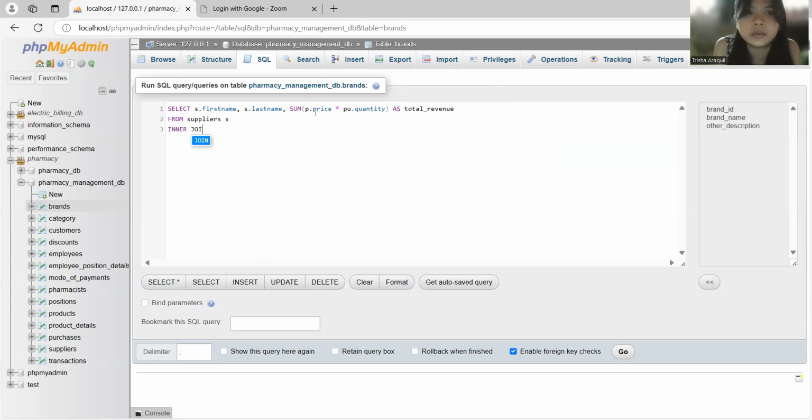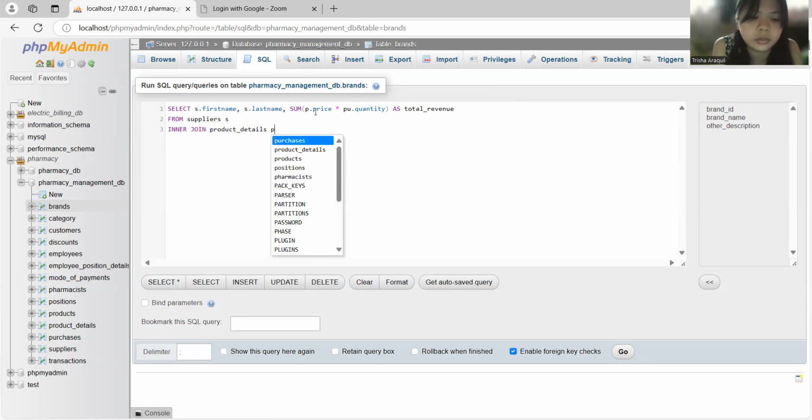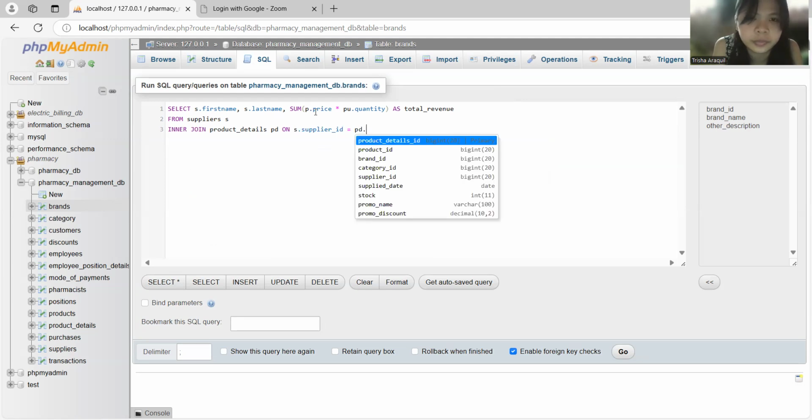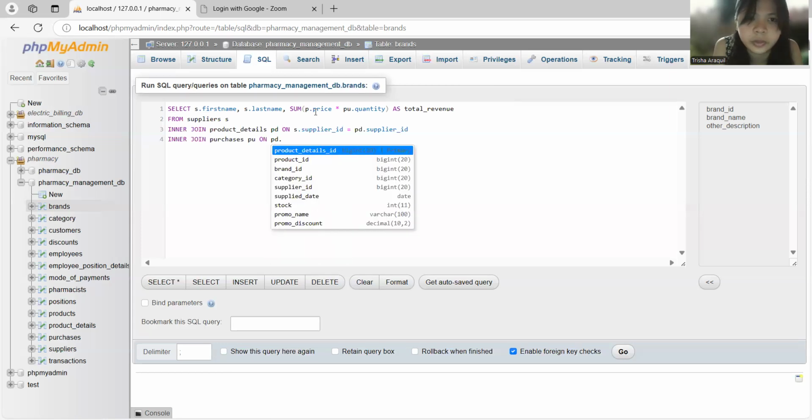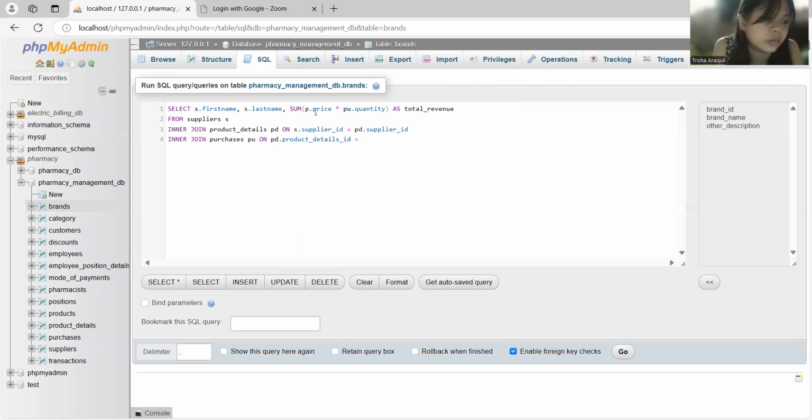So inner join product details on the supplier ID equals the foreign key of supplier ID, and inner join purchases on the product details ID with product details ID.